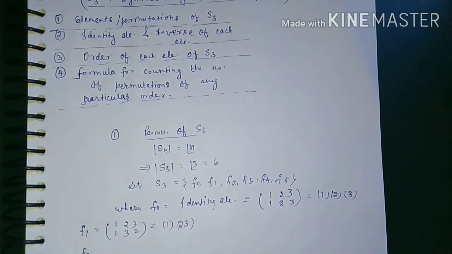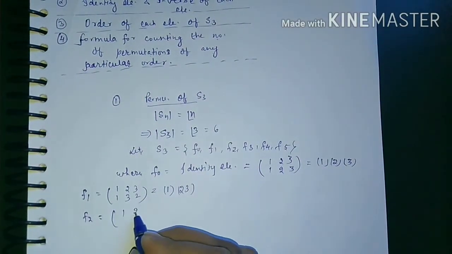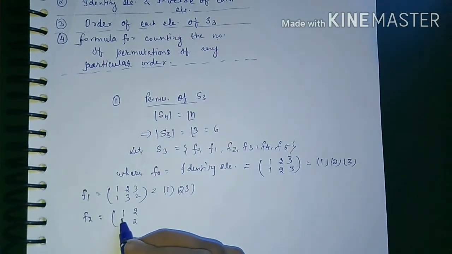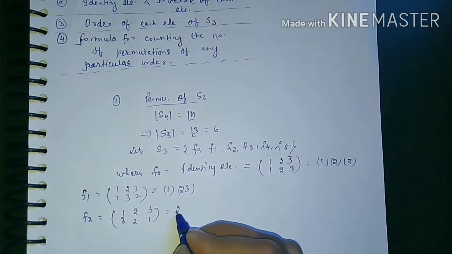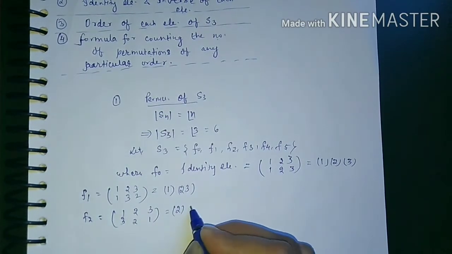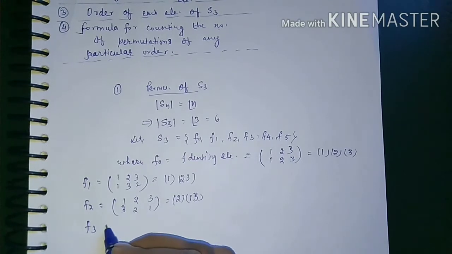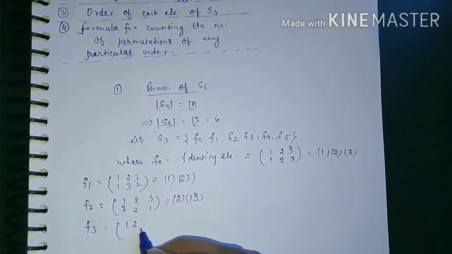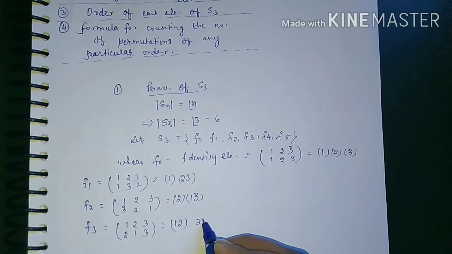And let F2 be a permutation where only element 2 is self-mapped and 1 maps to 3 and 3 maps to 1, so it is equal to (2) and the cycle (1,3). And next let F3 be the permutation where only 3 is self-mapped and 1 maps to 2 and 2 maps to 1. It is equal to (1,2)(3).